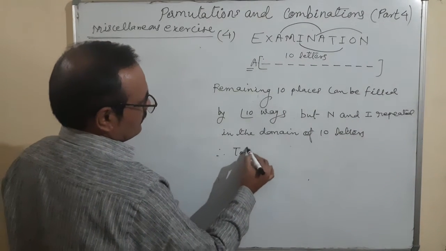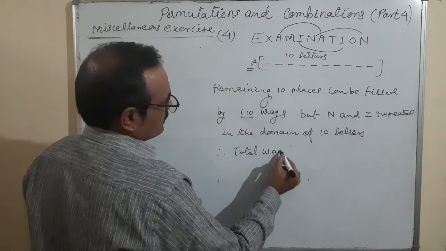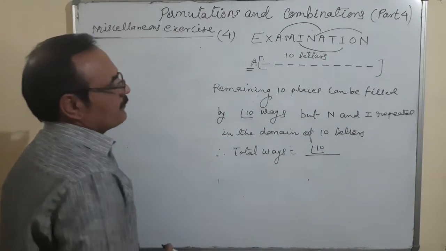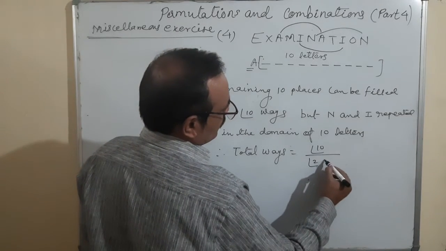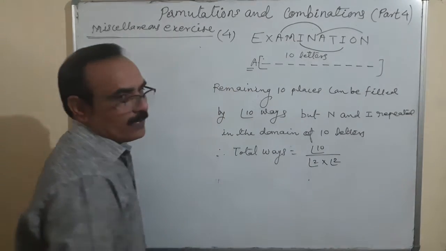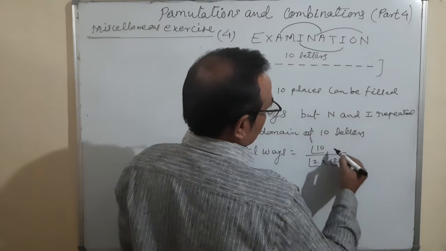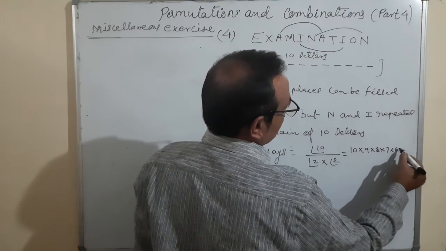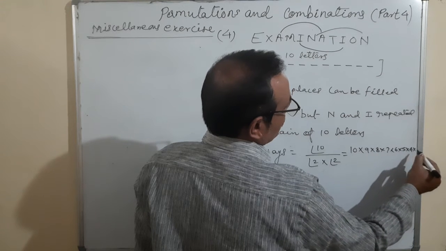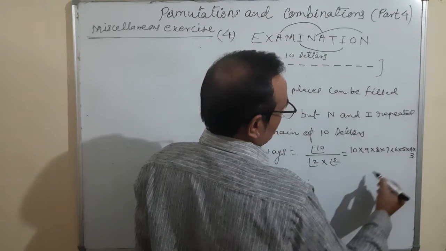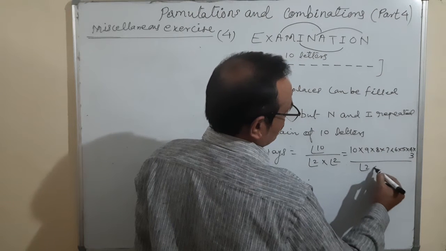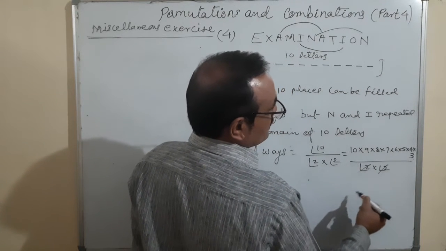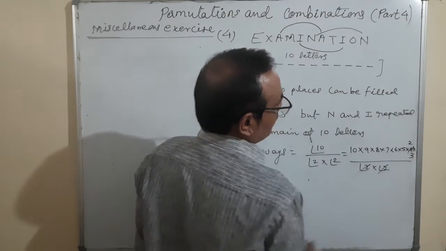Therefore, total ways is equal to factorial 10 upon factorial 2 into factorial 2. Okay, so the result is 10 into 9 into 8 into 7 into 6 into 5 into 4 into 3 upon factorial 2 into factorial 2. So 1, 2 is cancelled and this 2 is cancelled by here.